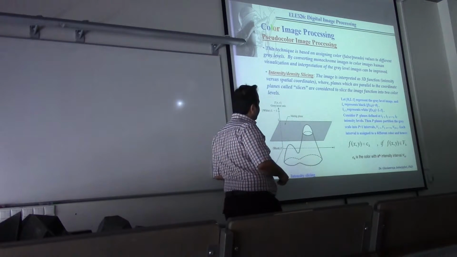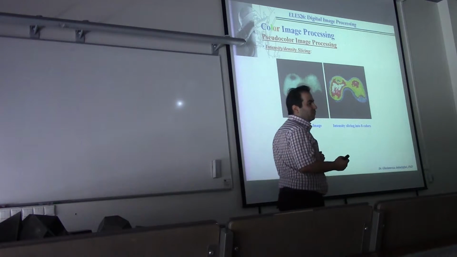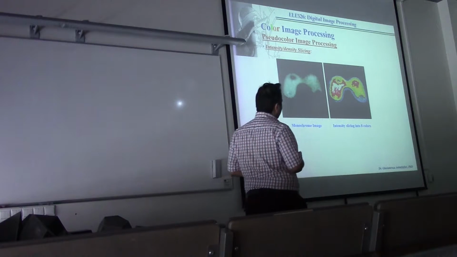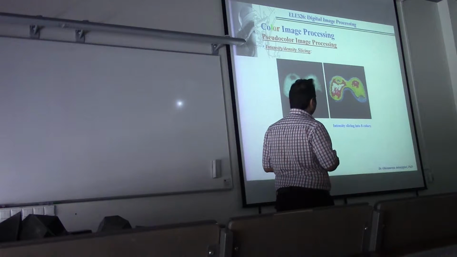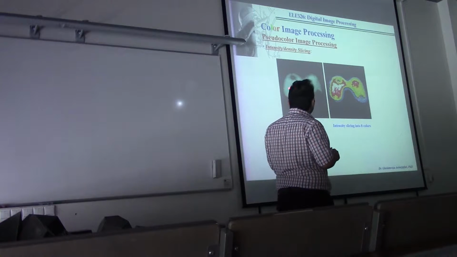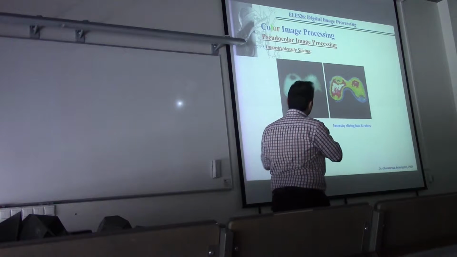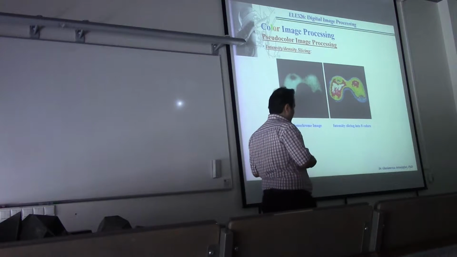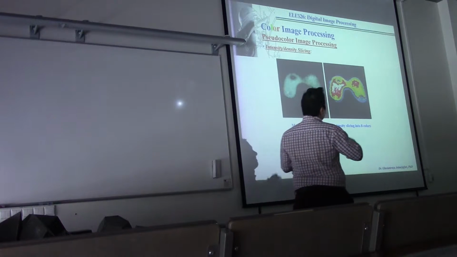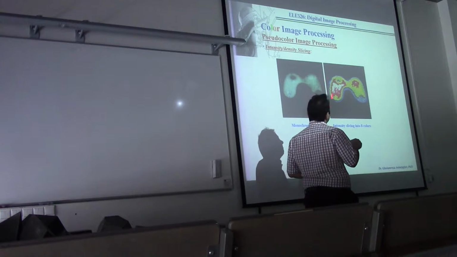For example, if we use 8 colors for the gray levels, in this monochrome image we can't see any changes except in these parts, but when we assign a color to each gray level scale, we can find this shape.